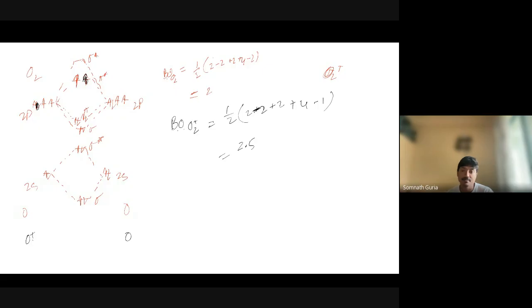So that means bond stability is given by O2 lesser than O2 plus, right?